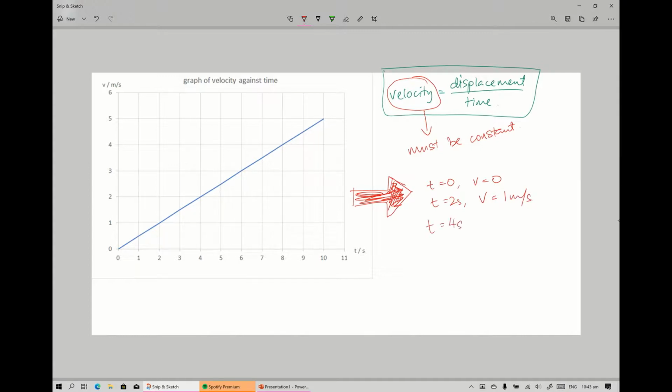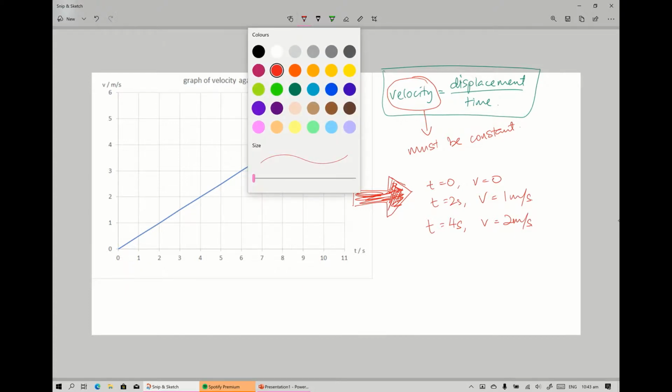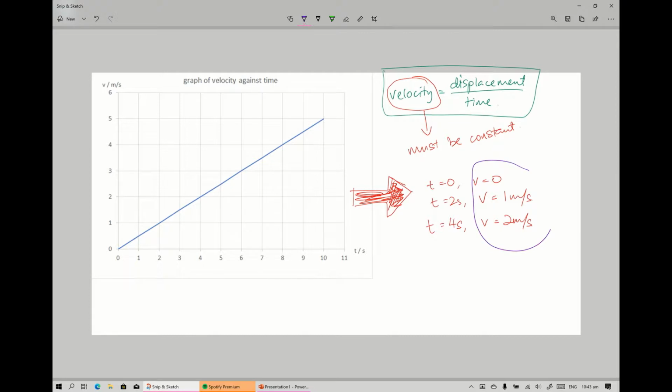When time equals 4 seconds, velocity equals 2 meters per second. You can see here, velocity increases, is not constant.